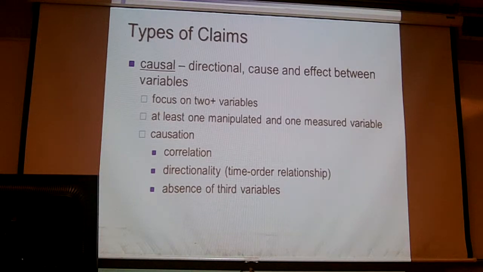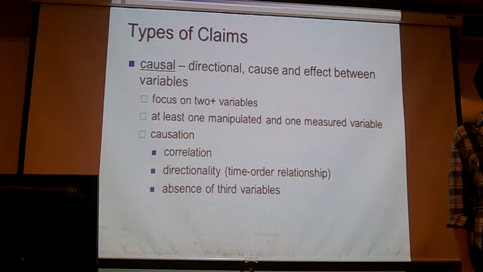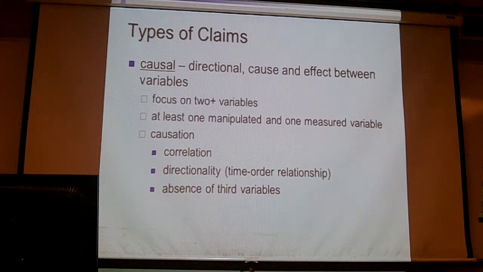And we call those other variables third variables. They can also be called extraneous variables. These are variables that you are not controlling, things that could be influencing the subject's behavior, that could be influencing how they do on the dependent variable. And you need to control those as much as possible. You need to eliminate them as alternative explanations for changes in the dependent variable, or you can't make a causal claim.